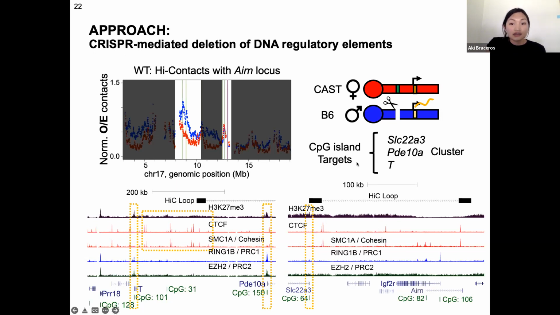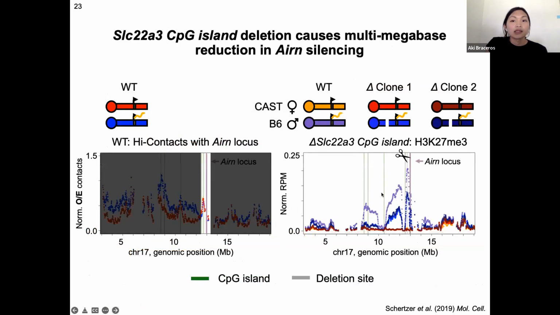So for each target deletion, in TS cells, we obtained 2 independent clones that each harbor deletion specific to the Airn expressing allele. And then as before, we performed H3K27 trimethyl ChIP-seq in these deletion cells to measure silencing. And so starting with the SLC22A3 deletion, we observed a remarkable 4.5 megabase reduction in Airn-mediated silencing.